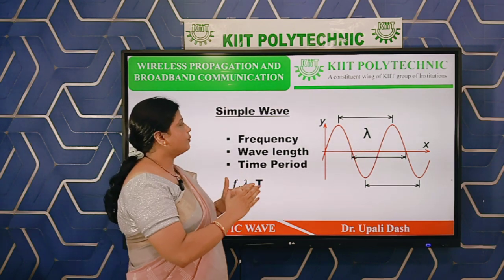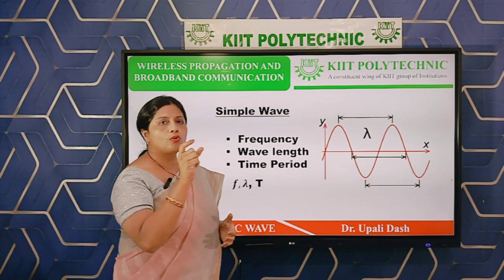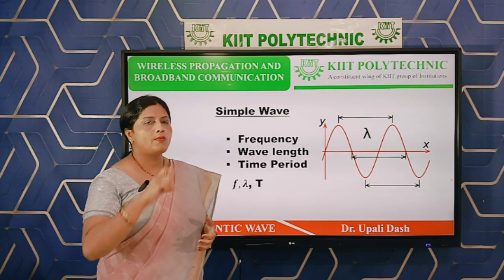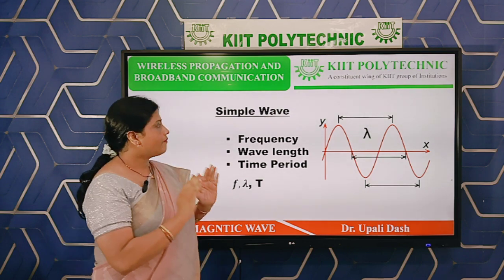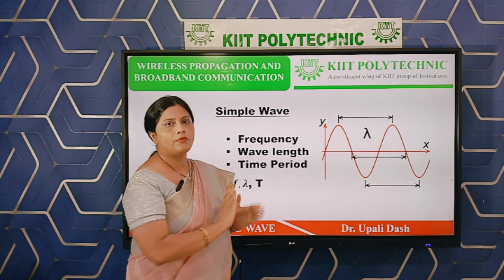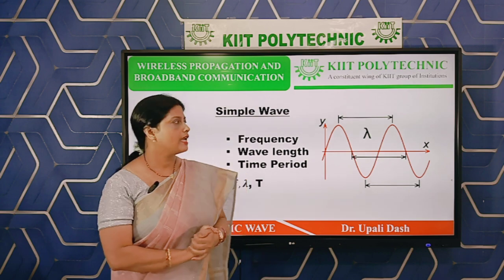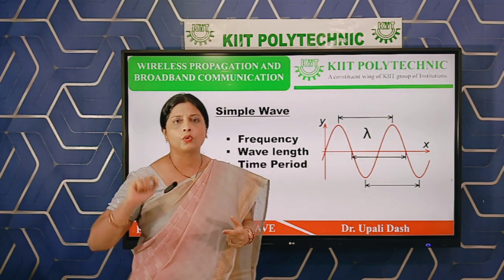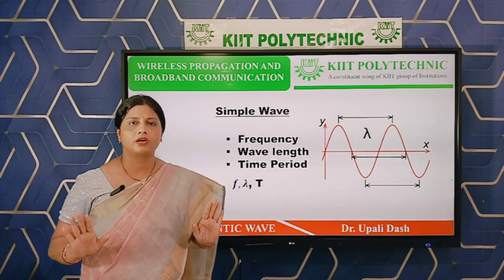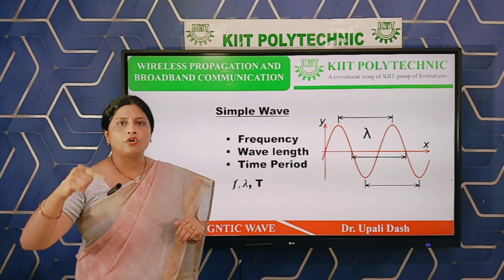So how fast we draw it, how close the curves we put, what height we take, what time we put, everything is related to the type of wave that we are going to learn. In any waveform, two things are very important. After drawing the x and y axes, we draw the curve.